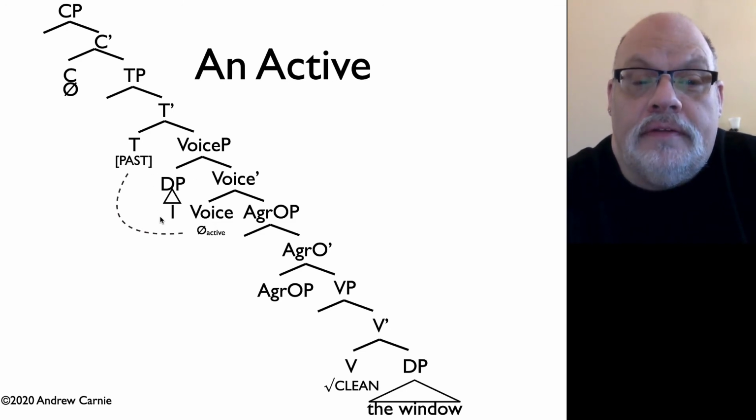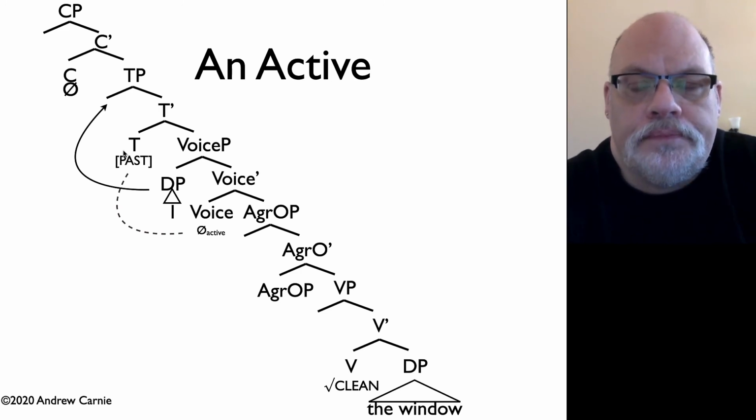And we know that this DP here doesn't get case in this position, so it's going to have to move up to the specifier of this TP where it gets nominative case and checks the EPP. Now we're going to claim that what just happened up here also happens down here, exactly parallel. So downstairs we have a DP, the window, and it gets its theta role from the verb root clean in this position.